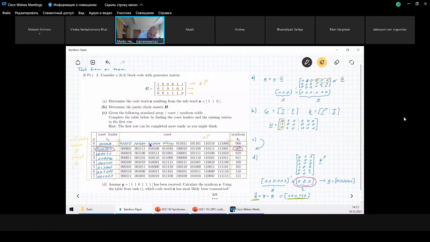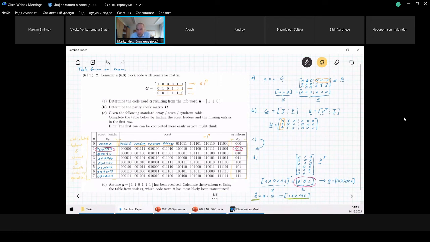Then a simple lookup operation. So that's basically the benefit of knowing this coset table, that the error correction simply turns into one vector matrix product to calculate the syndrome and one lookup operation, looking up the error pattern that caused the syndrome.